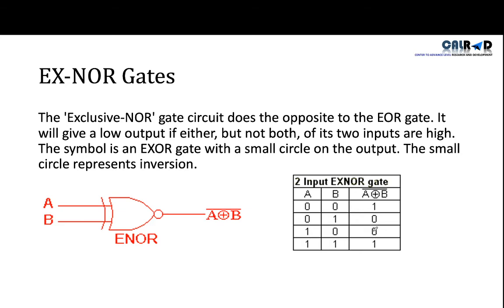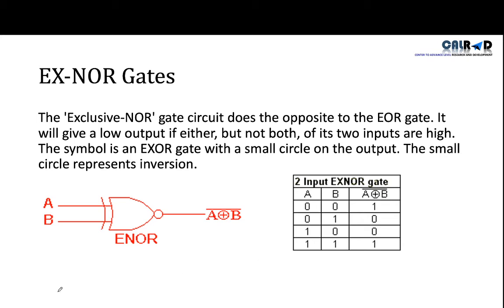The last one is the exclusive NOR gate. The exclusive NOR gate circuit does the opposite of the XOR gate. It will give a low output if either, but not both, of its two inputs are high.